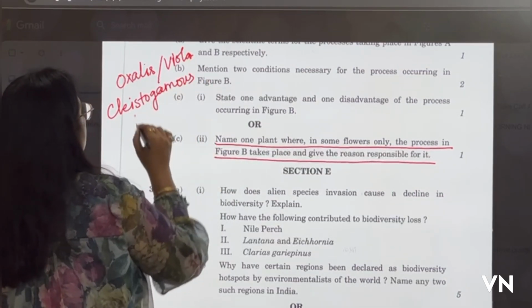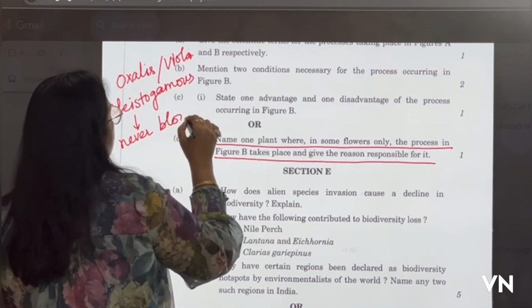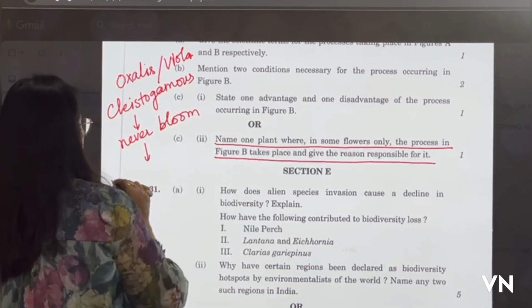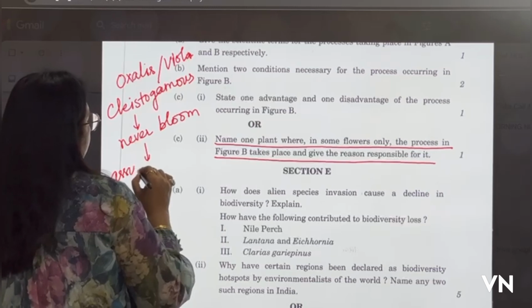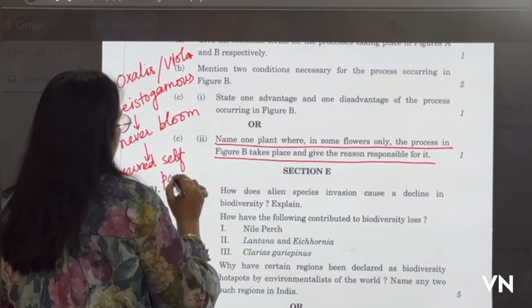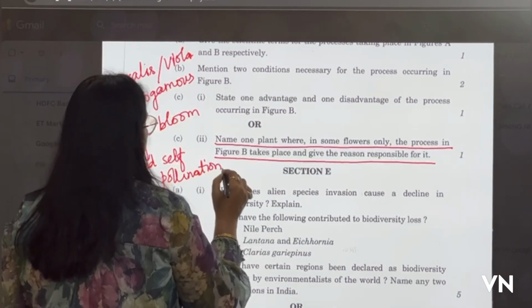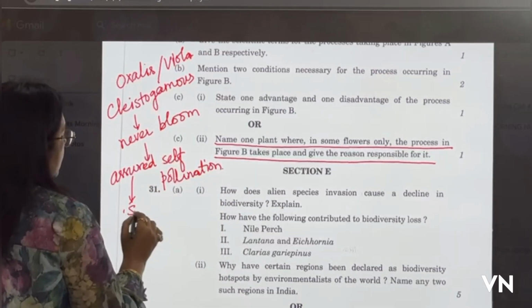Cleistogamous flowers are those which never bloom, and in them there is assured self-pollination, which gives rise to assured seed set.